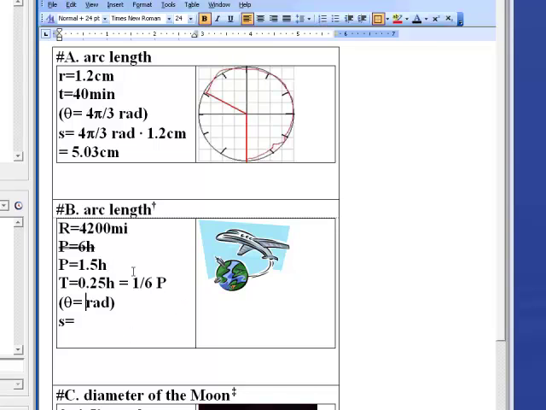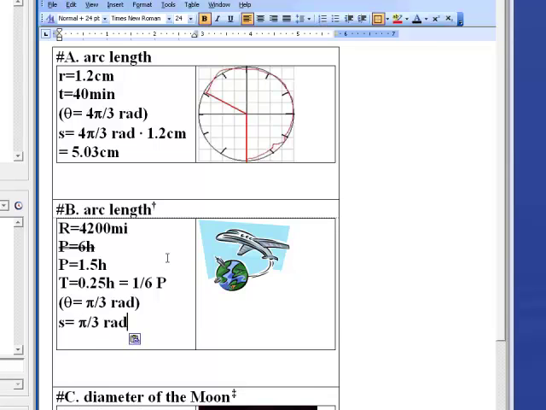That means that the angle is 2 pi divided by 6, which means we're going to have pi over 3 radians. The arc length is then going to be pi over 3 radians times the radius.